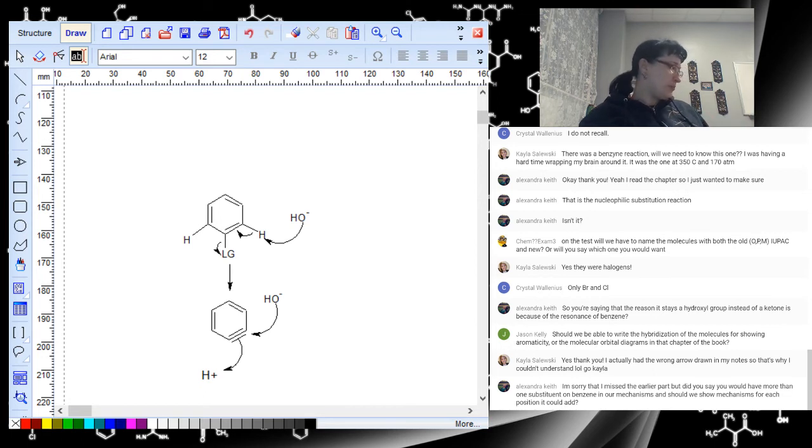It's really weird, your book doesn't even give mechanisms for a lot of that stuff. It gives like half mechanisms.